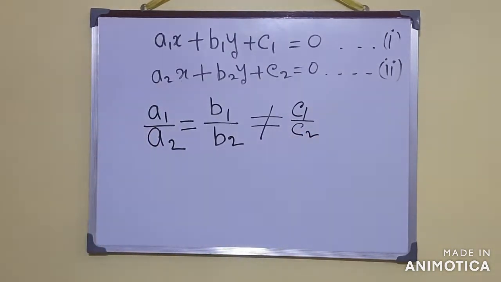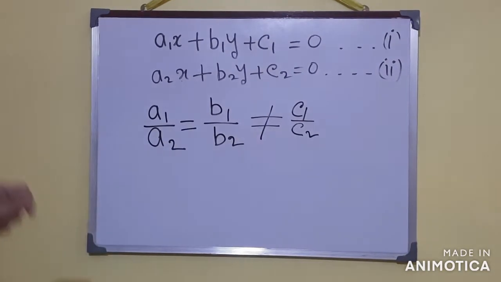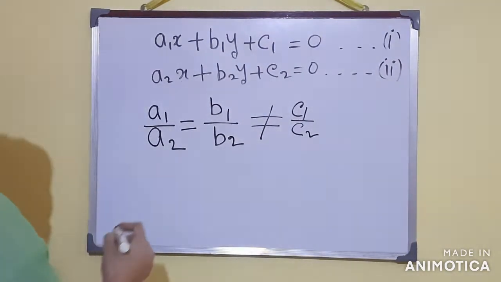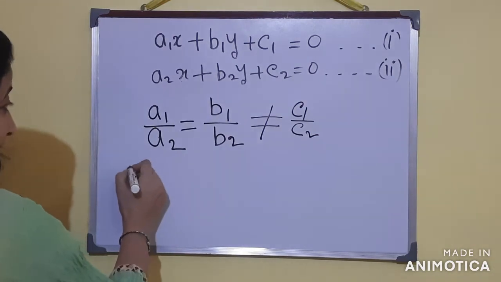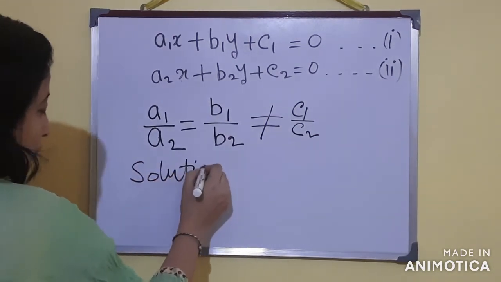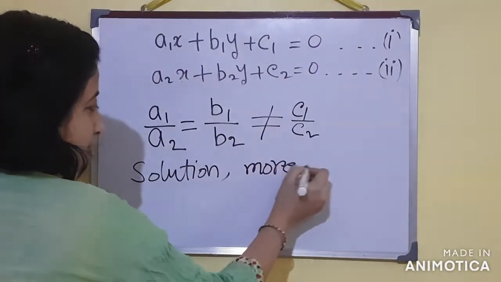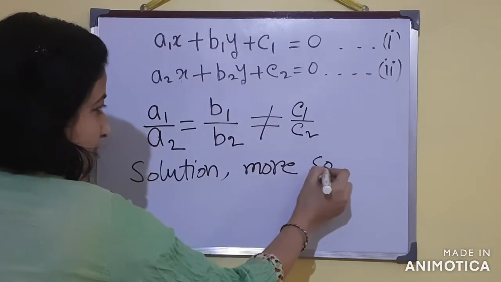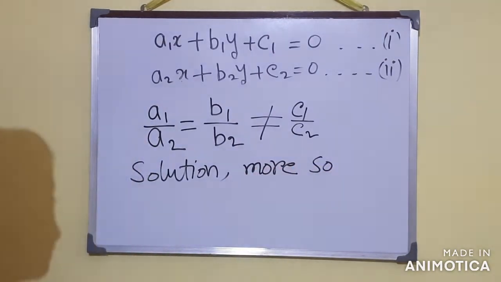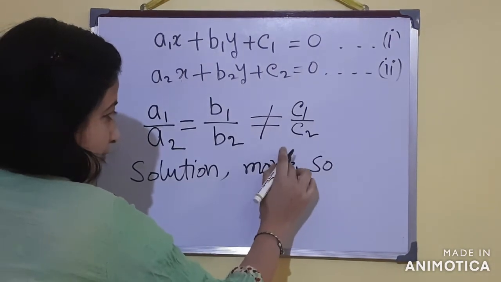Means these two ratios are not equal to the ratio of the constants. So in this case we will get a solution. It has a solution, but we will get more than one solution. Actually, it is better to say many solutions. We will get many solutions.